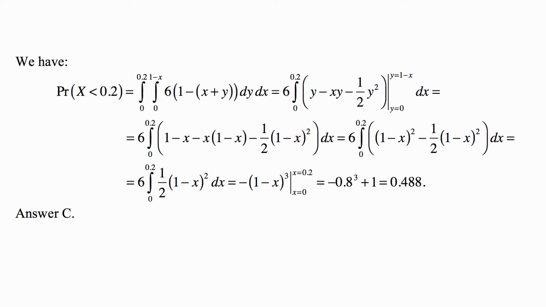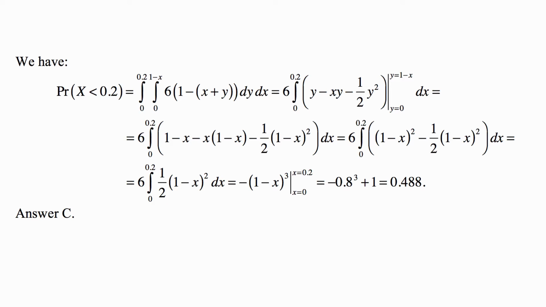Then 1 minus x can be factored out from the first two expressions, and once you do this, you see that what you get is another 1 minus x. So it becomes (1 minus x) squared minus 1/2 of (1 minus x) squared.